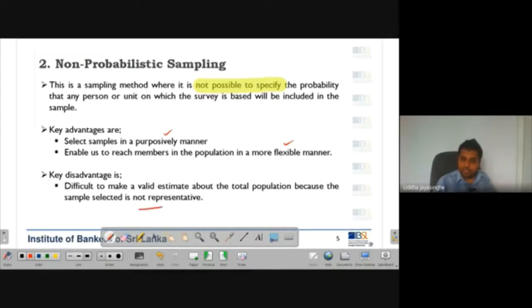this non-representative issue. If you know that my population comprises this area, and I am going to take a sample like this out of that population, you may know that I have given an equal chance for this portion to be selected.